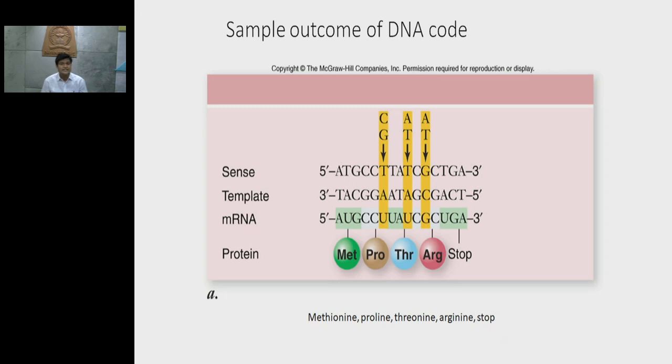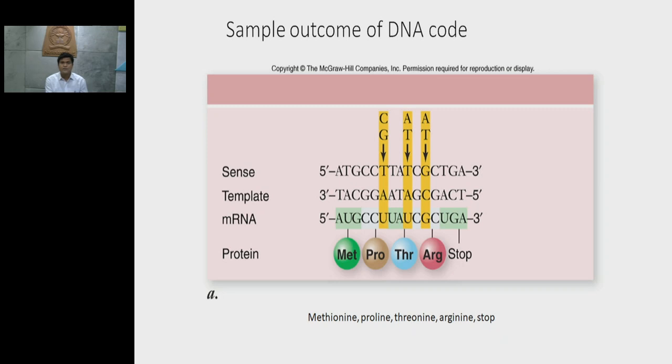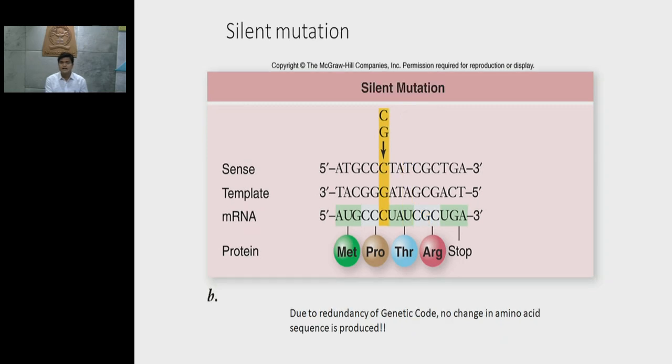Later the stop codon is here. So in case of silent mutation, there is a transition. CG is inserted in place of TA, and there is no change of the amino acid sequence in the protein. So the effect of the mutation is quenched.